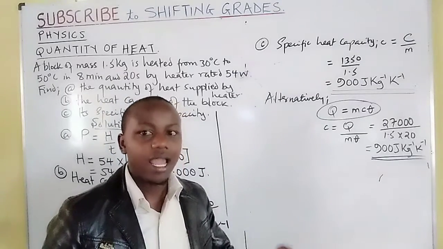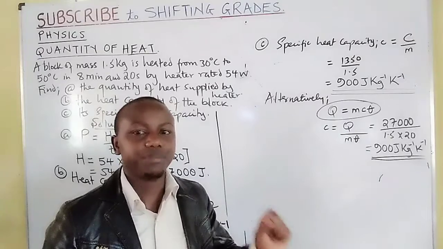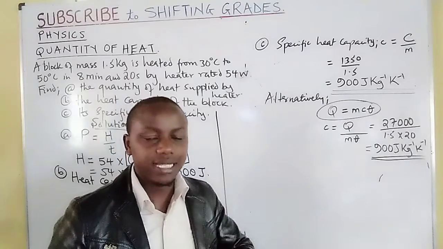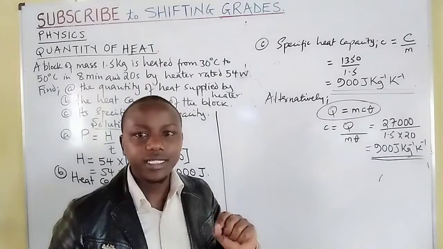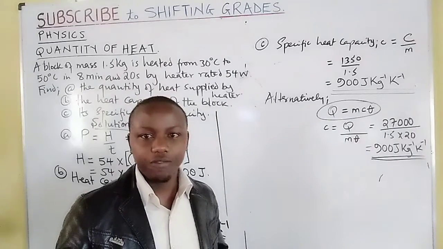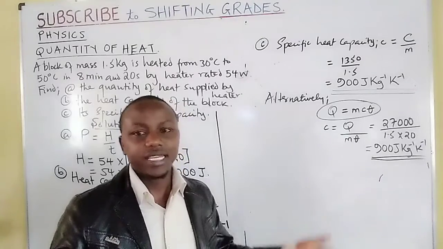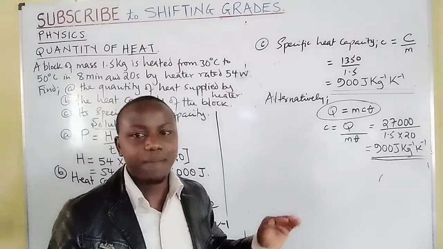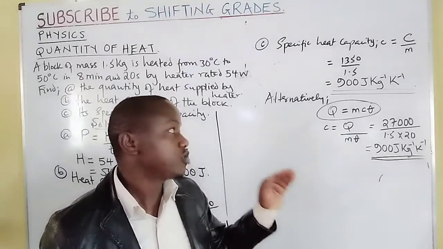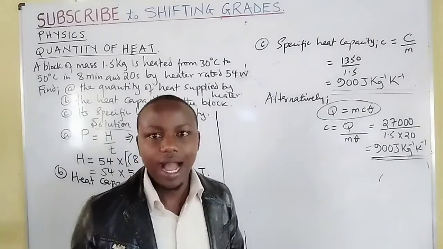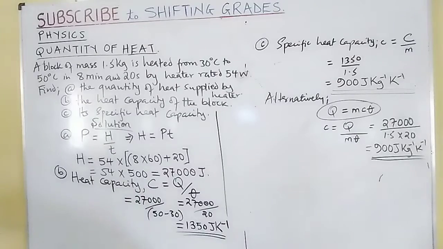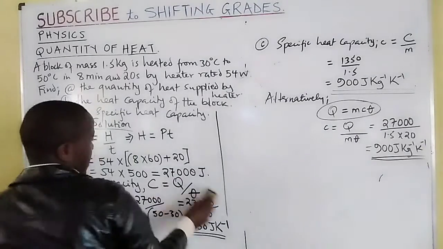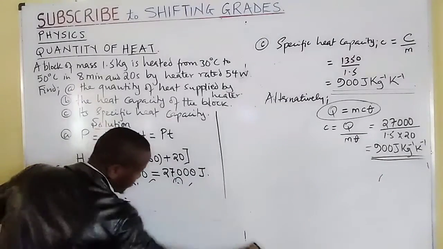But before then, the main concept, the backbone of this topic, is heat and absorption of heat. Heat being lost, heat being gained. That is the baseline for this topic. Let me go through several examples on the same.